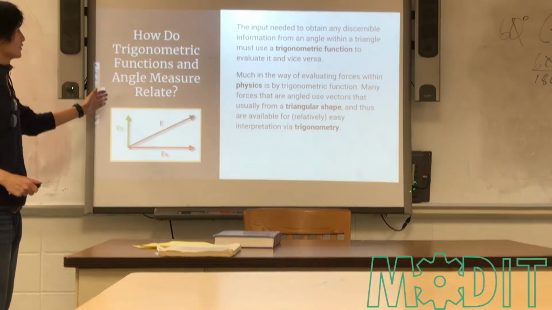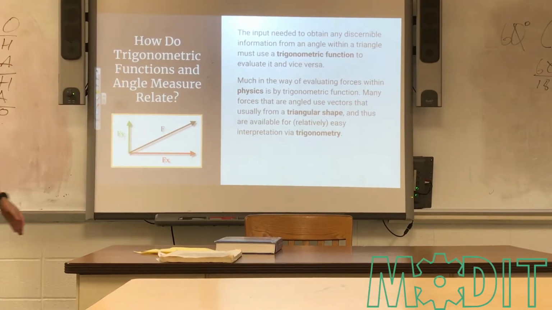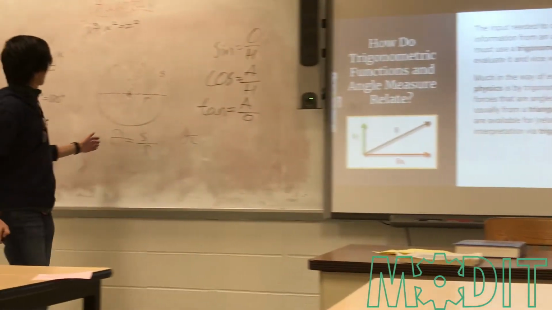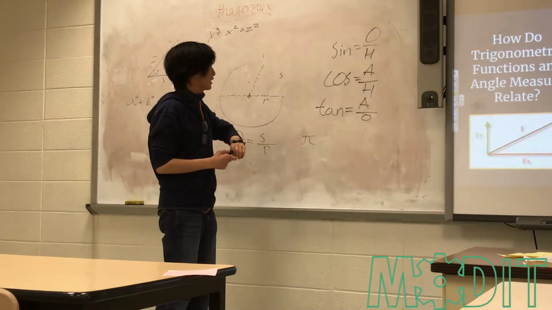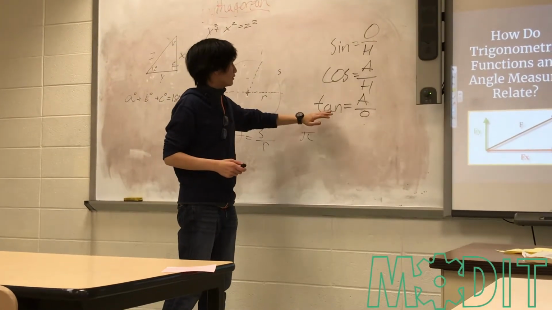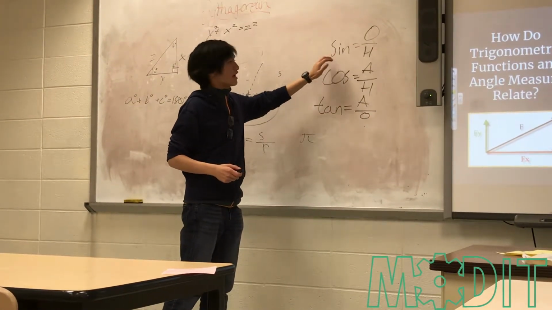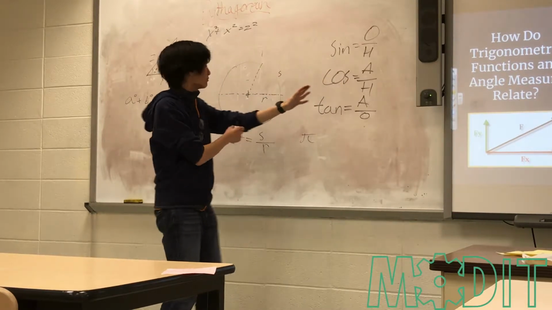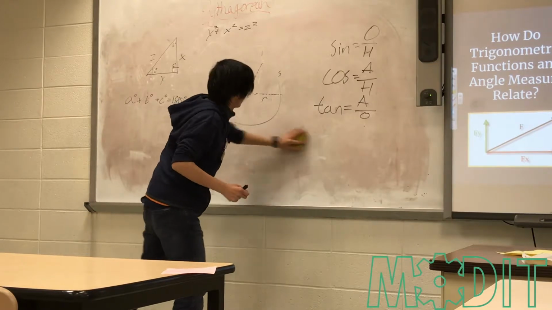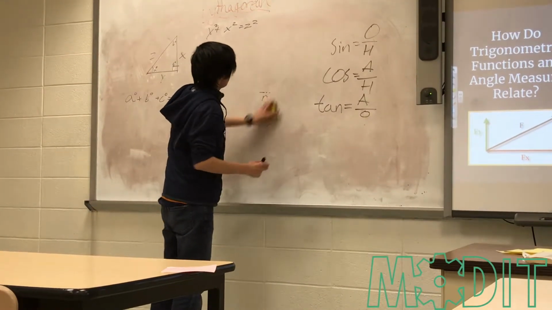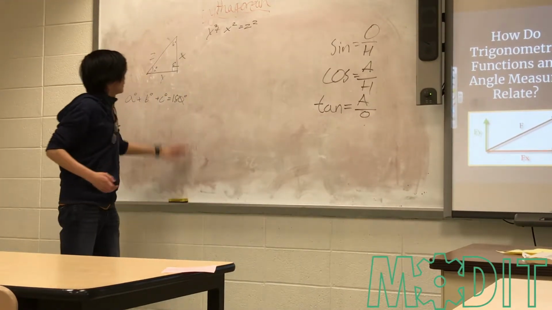So how do trigonometric functions and angle measures relate? Well, like we stated over here, you can try to figure out what tan, cosine, or sine values would be in relation to a triangle. Now, let's say you have this triangle, right?